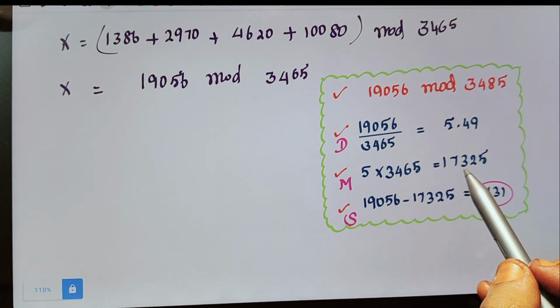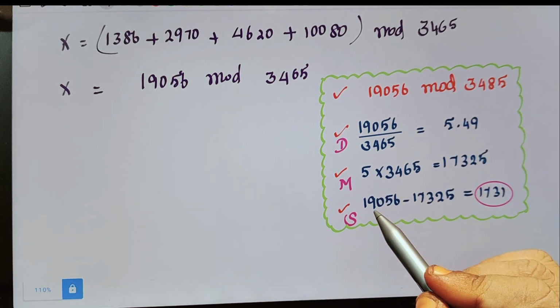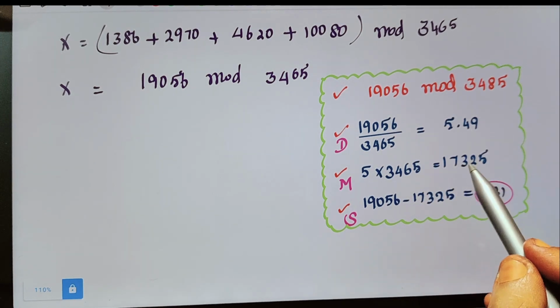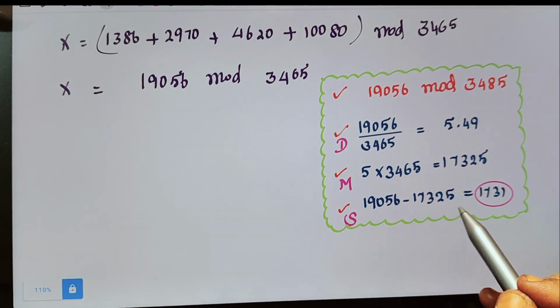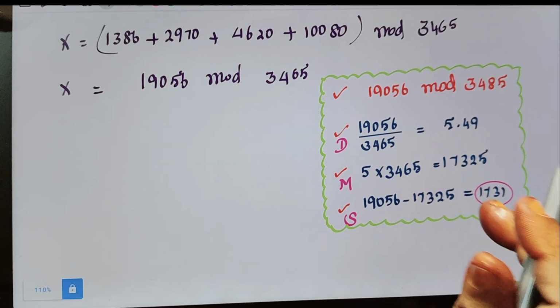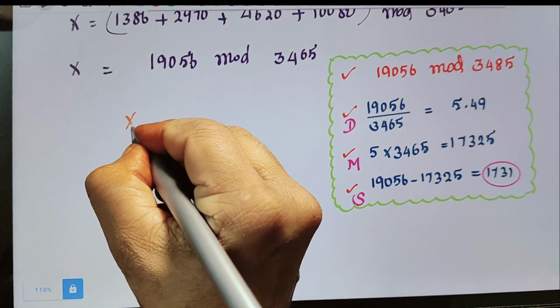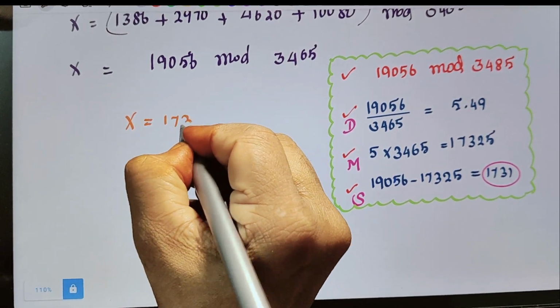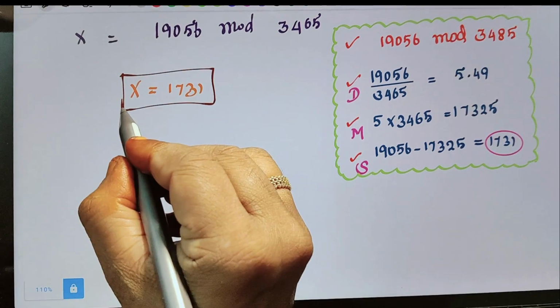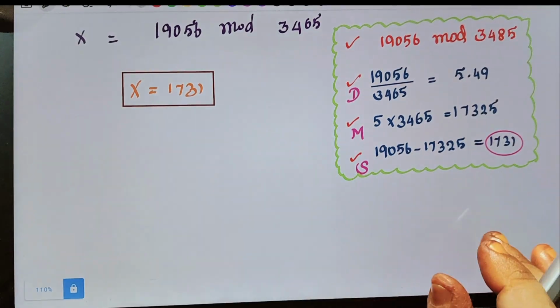Second step, 17325. Third one, 19056 minus the previous number 17325. That is subtraction. The answer will be 1731. So the answer is x equal to 1731. Okay.